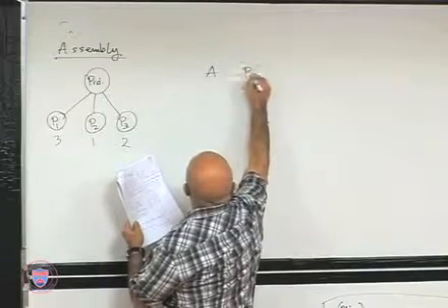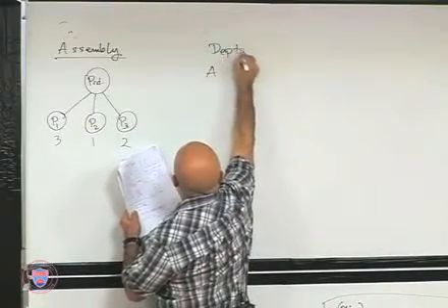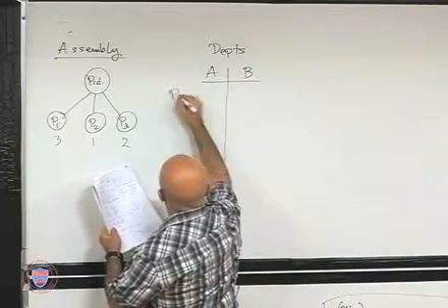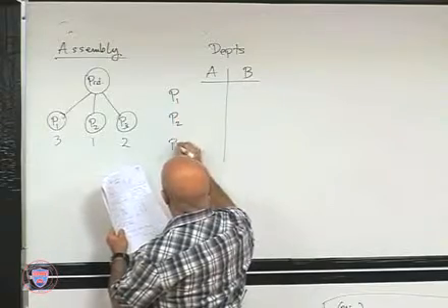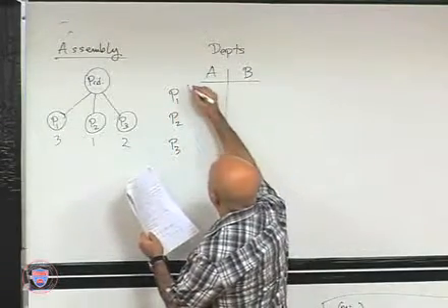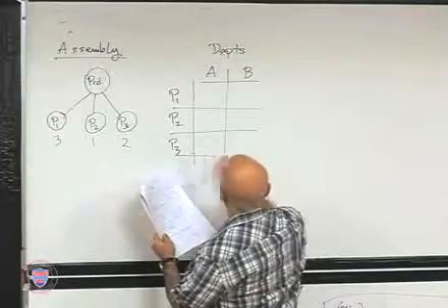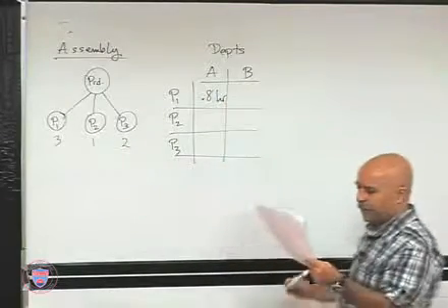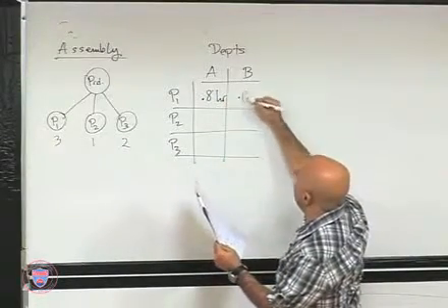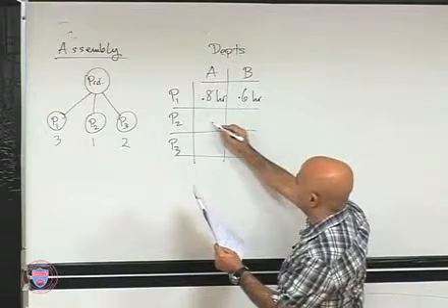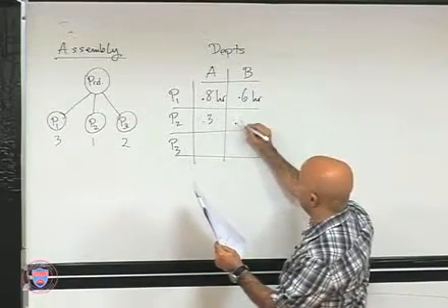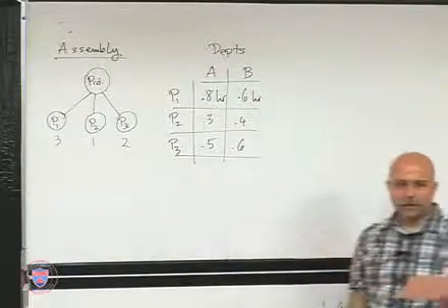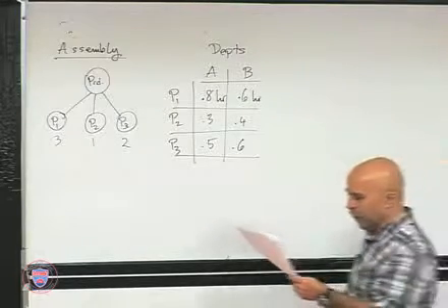Now, these parts can be produced in one of 2 departments, either A or B. So part 1, part 2, and part 3. If you produce part 1 in department A, it will take 0.8 hours per unit. In department B, it will take 0.6 hours. The other ones are 0.3, 0.4, 0.5, and 0.6. Okay? These are all fractions of an hour.